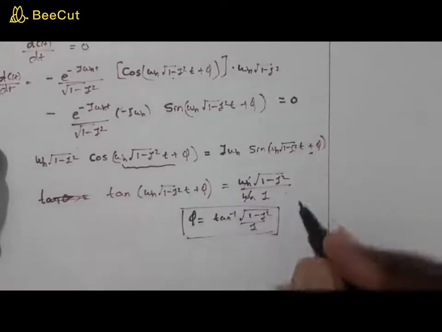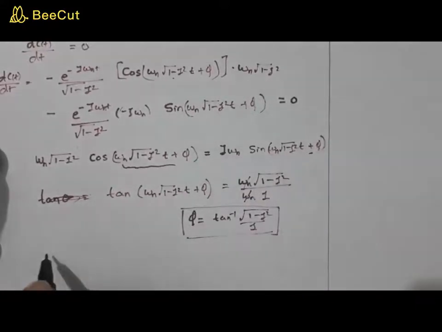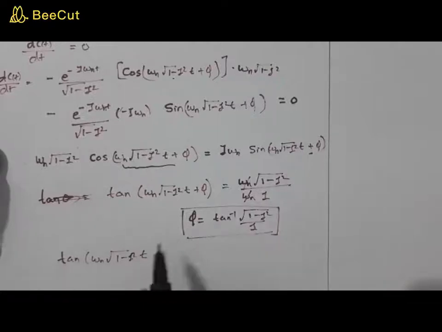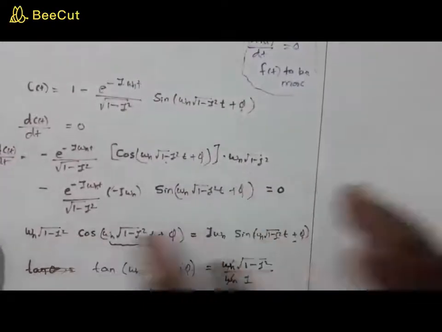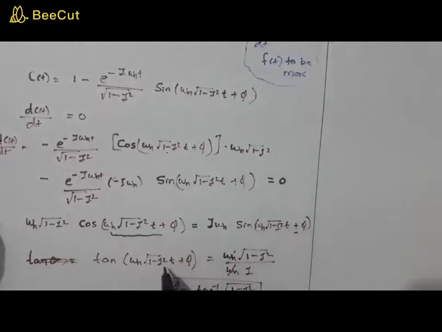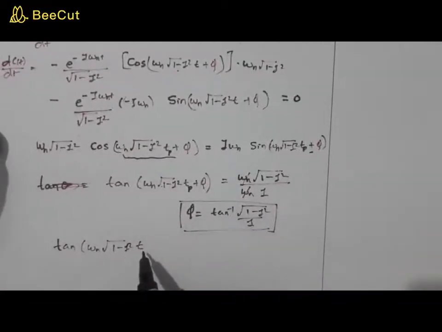Now substituting in this equation, you will get tan of omega n root of 1 minus zeta squared t. Now what is this t? Once we equate the derivative to 0, we are going to find out t_p. This is t_p, the peak time.